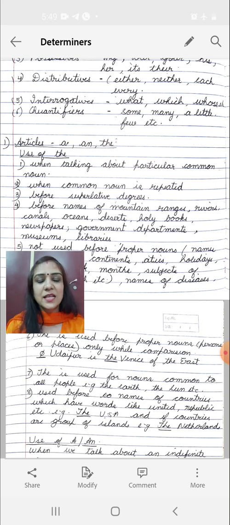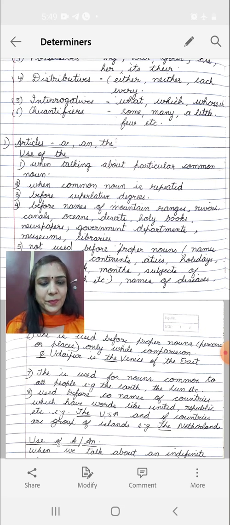So when we talk about a general sense, we don't use any article before it, and plus when we refer to proper nouns if we are not comparing. Then in that case we say Mr. Narendra Modi is the Prime Minister of India. We do not say the before him.